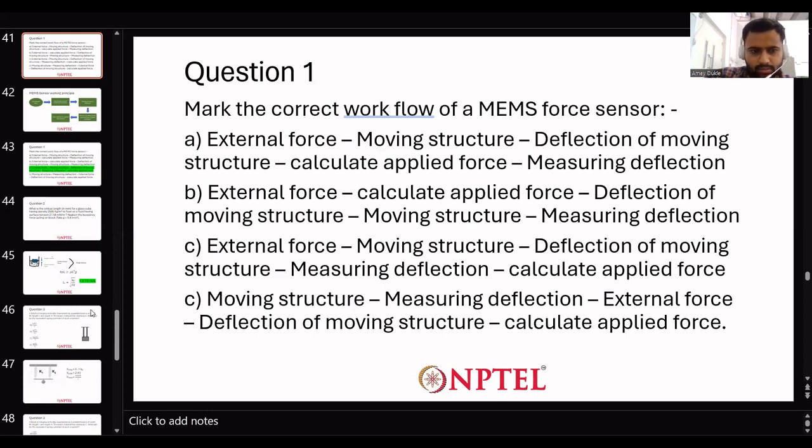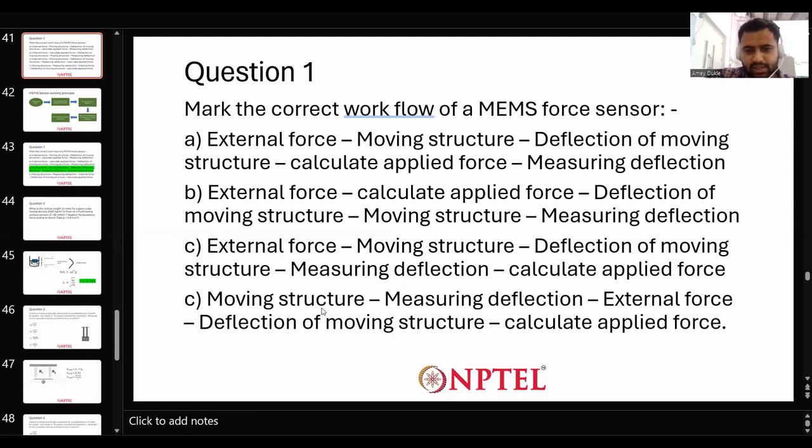Then the third option is external force, moving structure, deflection of moving structure, measuring deflection and calculating the applied force. And the last option, it's D actually, sorry for the typo: measure moving structure, measuring deflection, external force, deflection of the moving structure, and calculating the applied force.